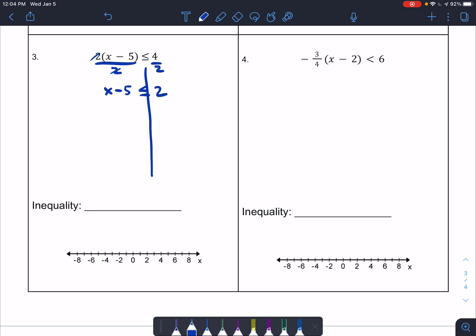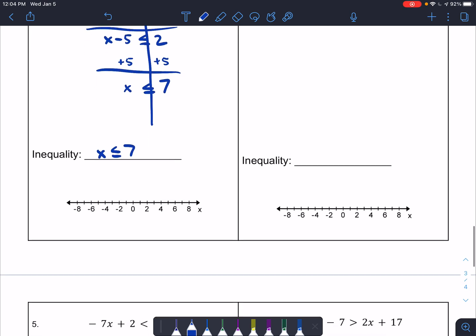Then I'm going to add 5 to both sides, which allows me to cancel out the 5s. Did I multiply or divide by a negative? No, so I do not flip my symbol. x is less than or equal to 7.